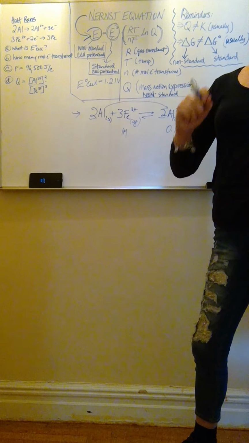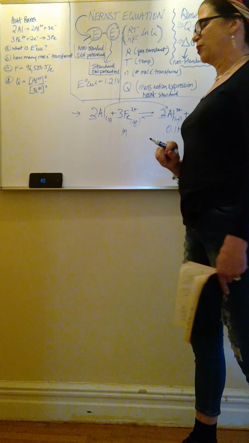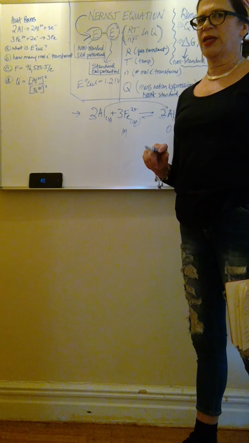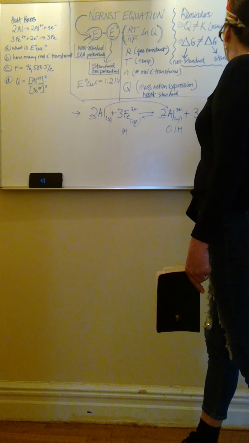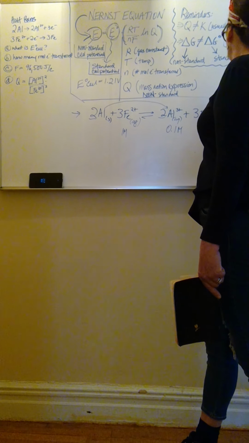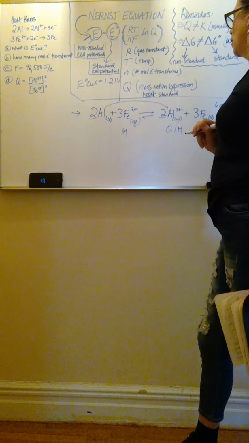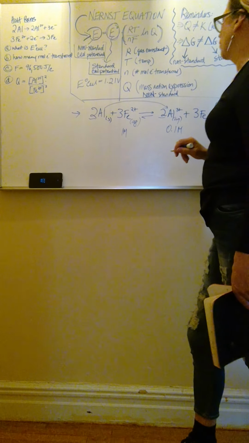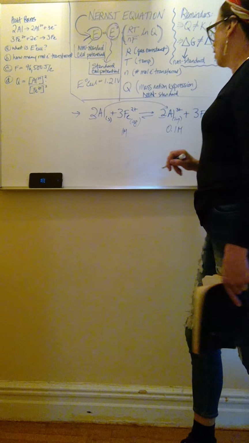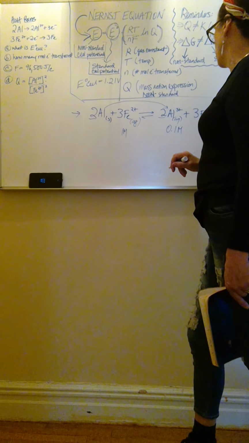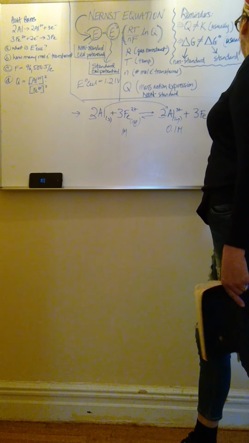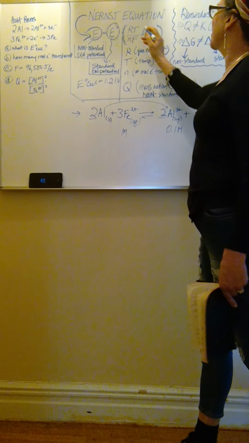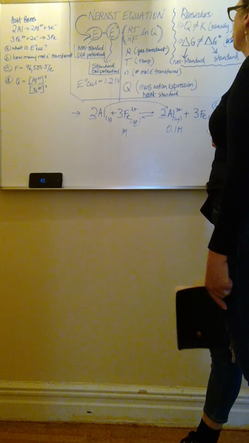So that means we have 2 moles of aluminum being converted to 2 moles of Al3 plus, and we must therefore take our 2, multiply it times the 3 moles of electrons for a total of 6 moles of electrons being transferred away from aluminum, and greedily accepted by iron, which is going to get reduced and form the solid. Okay, so our N is 6 moles of electrons. What else? Our R is the gas constant, that's 8.314 joule per mole Kelvin.